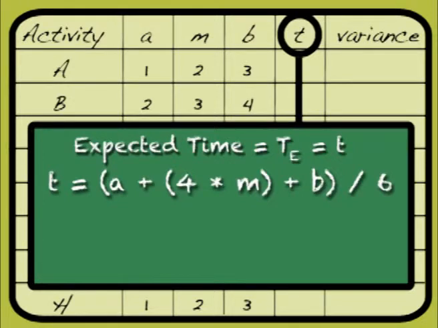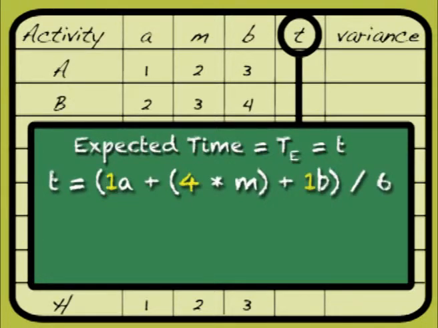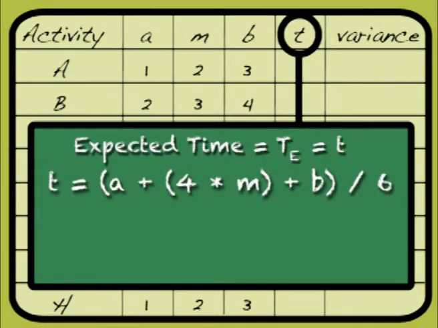Why 6? Because we have 6 weights. Remember that we have an unseen 1 here and an unseen 1 here. So 1 plus 4 plus 1, 6. It's always going to be 6. That's constant. It will never change. So for our activity A, we can substitute in our time estimates.